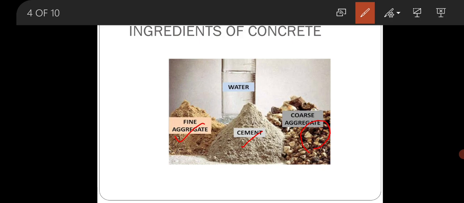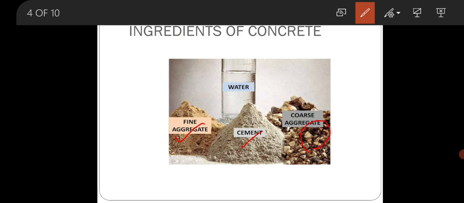Generally, the concrete has to satisfy different requirements in its plastic or green state and also in the hardened state. In the plastic state or the green state, the concrete should be workable.